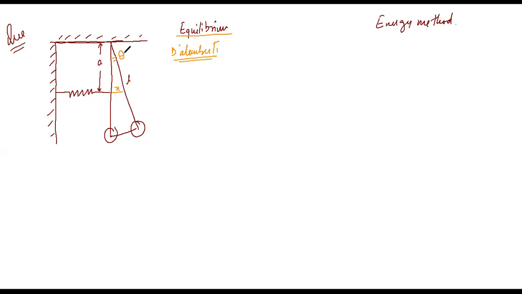If anyone asks you what is the displacement in this spring, then it is to be x dash, and here the displacement is considered as your x. If it is a very small displacement, x dash can be written as a theta. This is also considered as an arc, and x can be written as L theta.